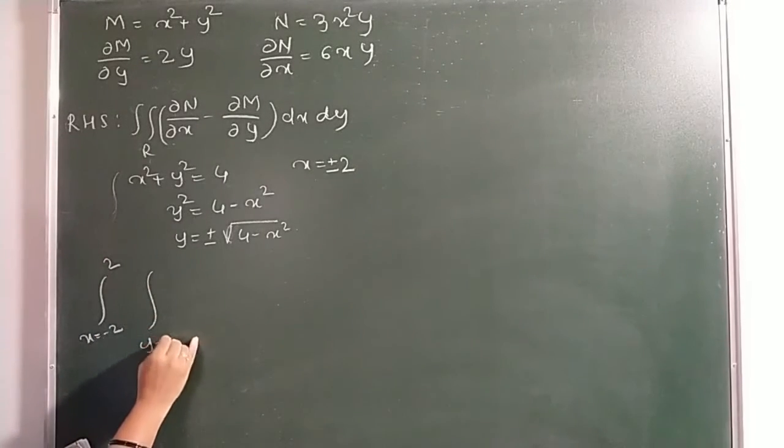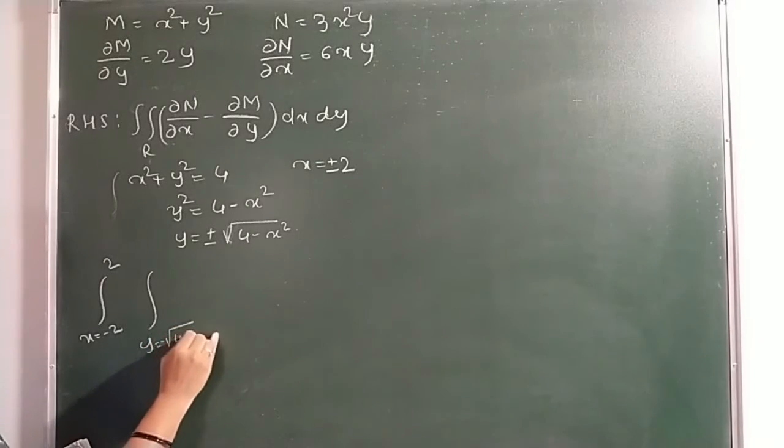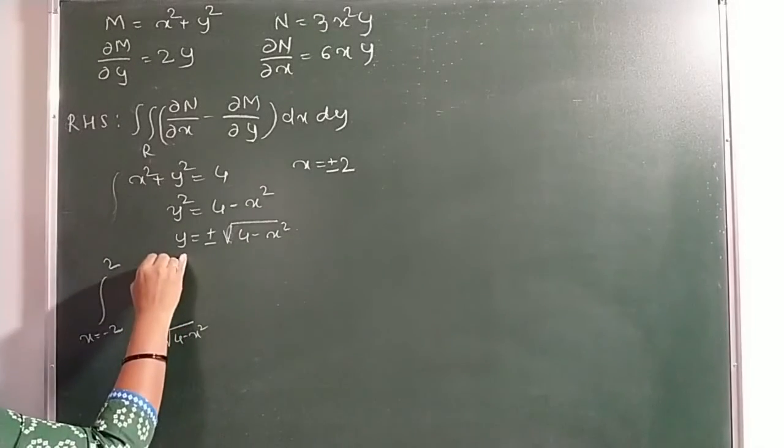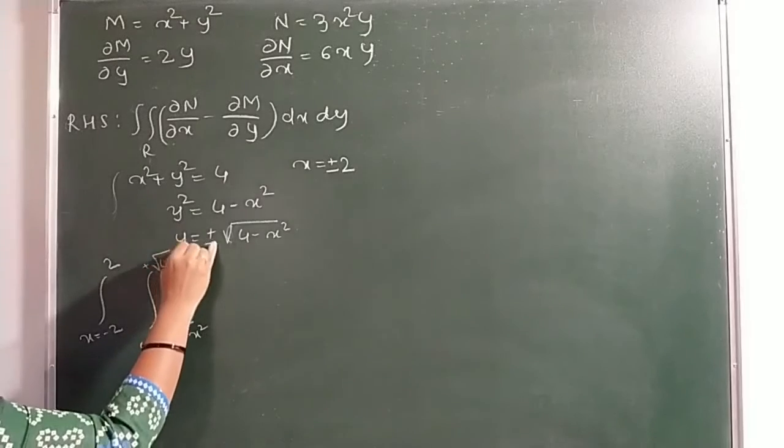Now take the limits x from minus 2 to 2, and y from minus the square root of 4 minus x² to plus the square root of 4 minus x².